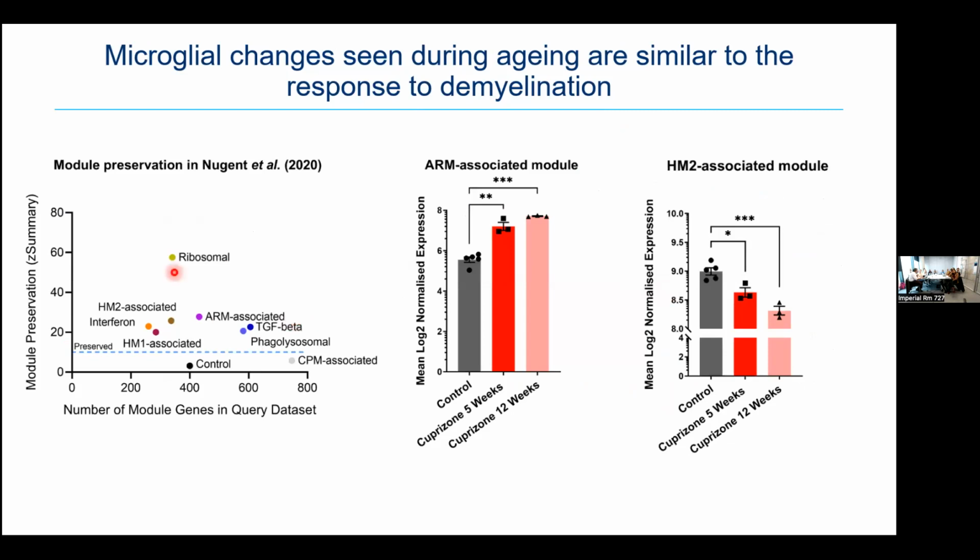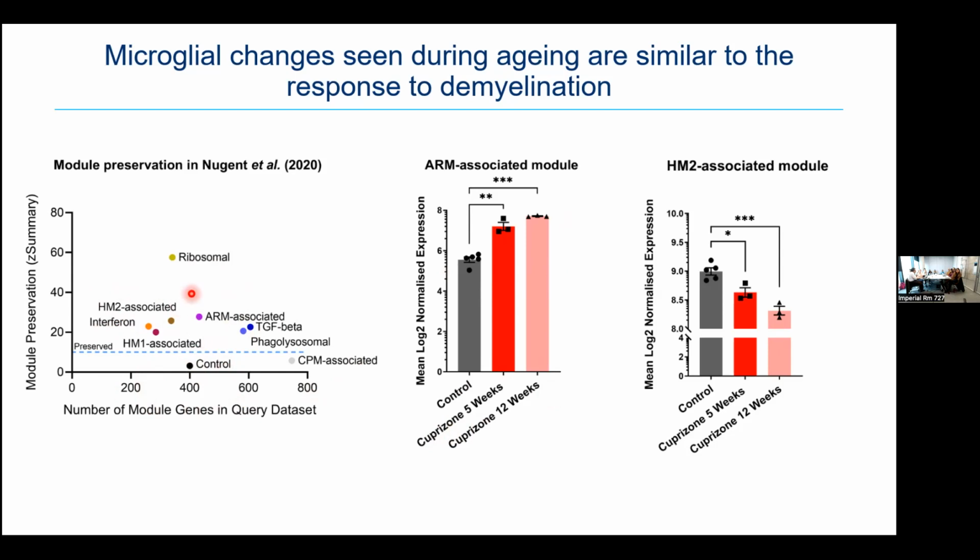The way that we did that was we used this published data set where they took young control animals and treated them with this demyelinating agent, cuprizone. They isolated the microglia and did RNA-seq. And then what we've done here is we performed network analysis there, and we looked to see how our age-dependent microglial networks behaved in this demyelination data.